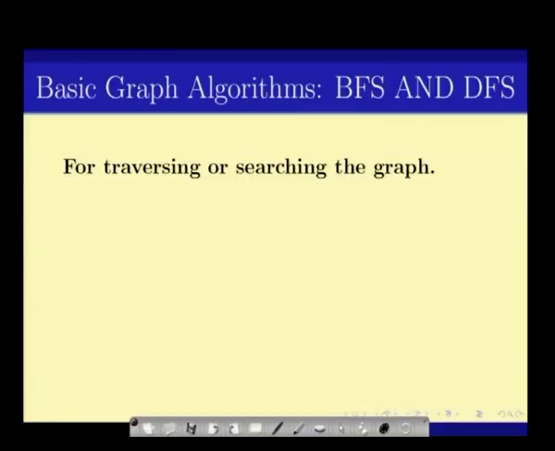Now, what are the basic algorithms for graph theory, or basic graph algorithms? The basic graph algorithms are the algorithms that traverse the graph or search the graph, or in other words, an algorithm where I give you a graph and ask you, okay, now take a walk along the edges in such a way that you touch every vertex.